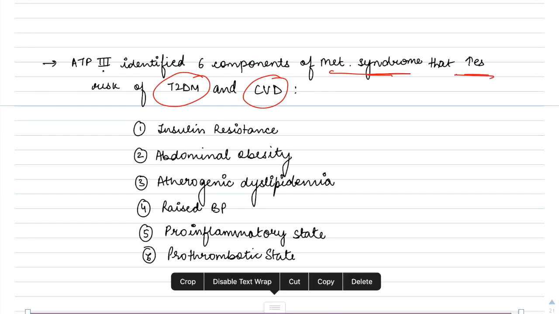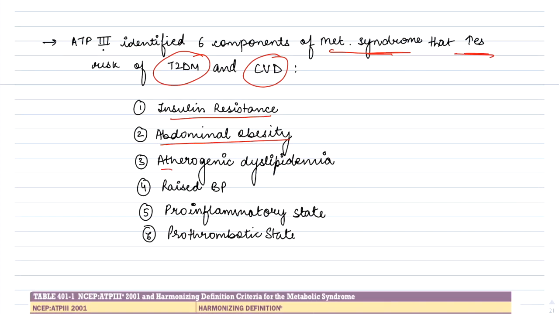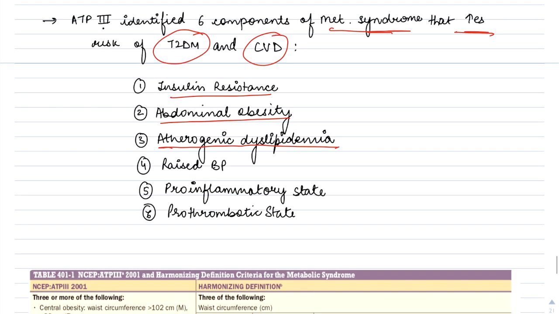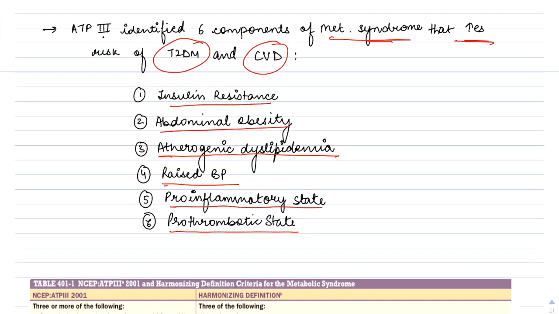The 6 components include: number 1, insulin resistance; number 2, abdominal obesity; number 3, atherogenic dyslipidemia; number 4, raised BP; number 5, a pro-inflammatory state; and number 6, a pro-thrombotic state. Due to the presence of these components, there is increased risk of type 2 diabetes and cardiovascular disease.